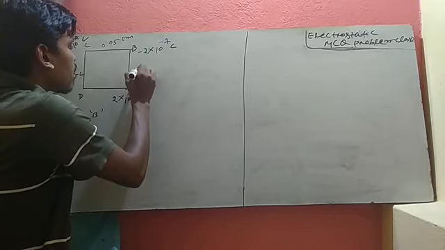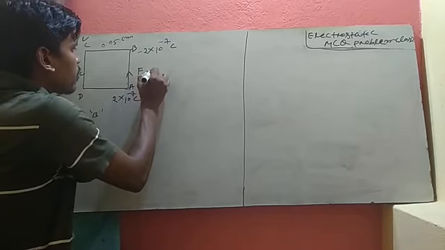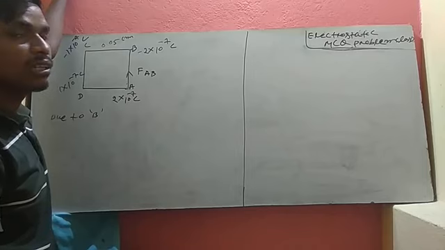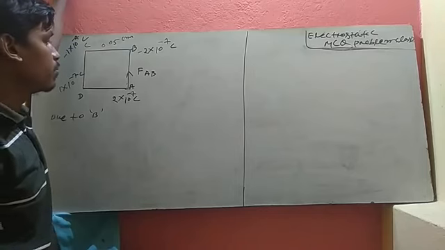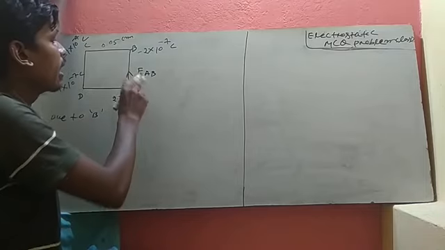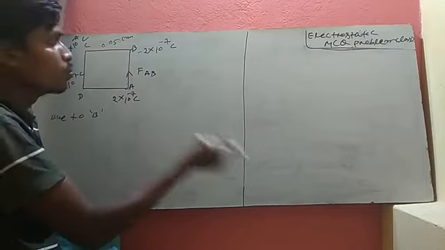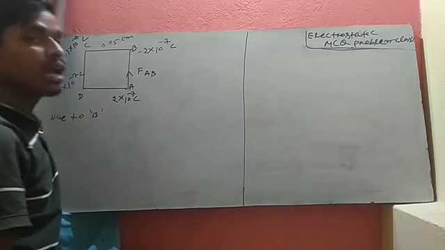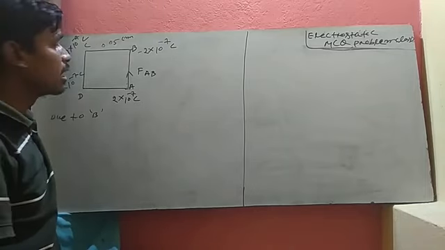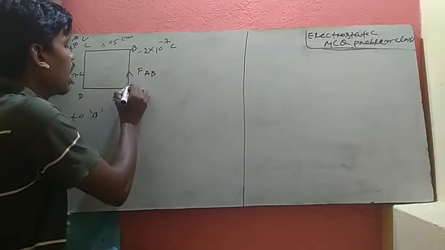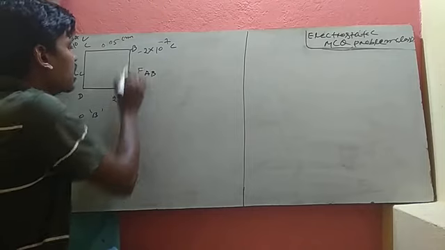This force is named FAB. We have already discussed this in theory class. FAB means force acting on A due to B. So FAB is an attractive force, and that's why the FAB direction is in this direction.